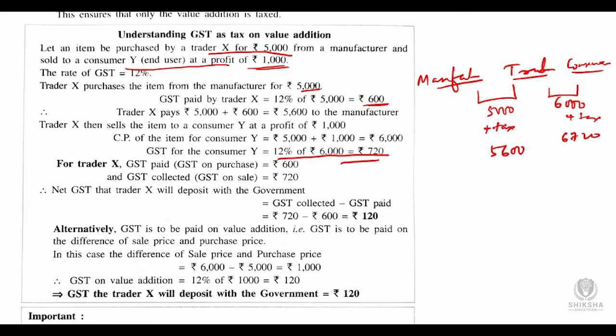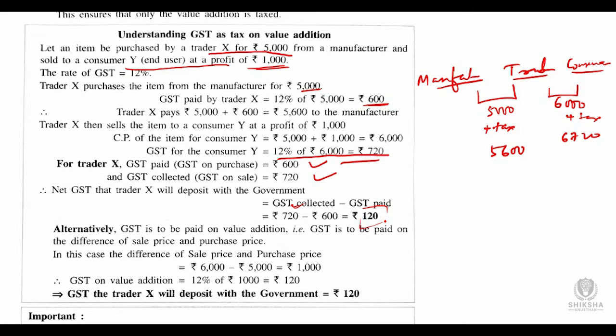That is 600. Tax collected by the trader is 720. So the tax paid by the trader to the government is 720 minus 600, which is 120. Because from the 720 he collected, some amount was for the tax he had paid, and only 120 rupees is paid by him.